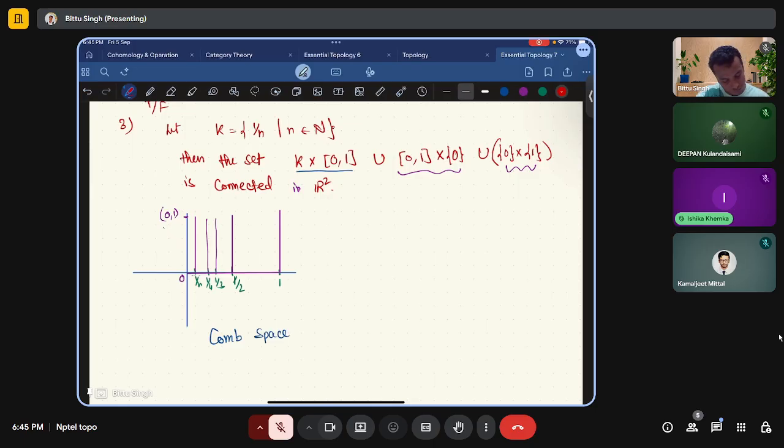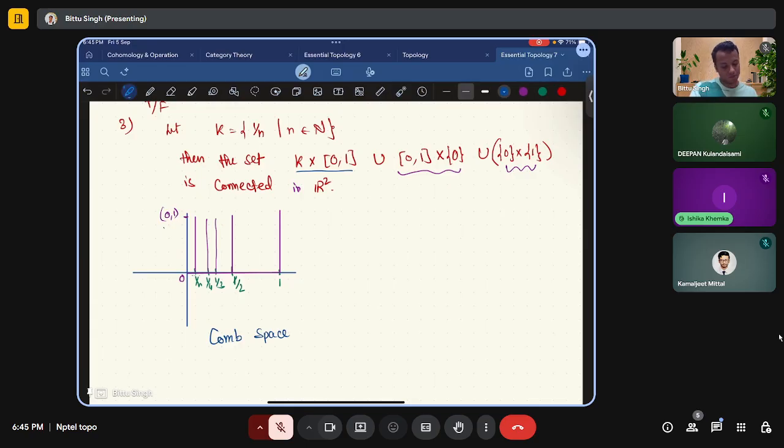So just see that this is our one. This is also included, this and this. Then those points will become more dense here, right? And it will approach 0, but the points on the y-axis will not be there. So what is your answer? Is it connected?